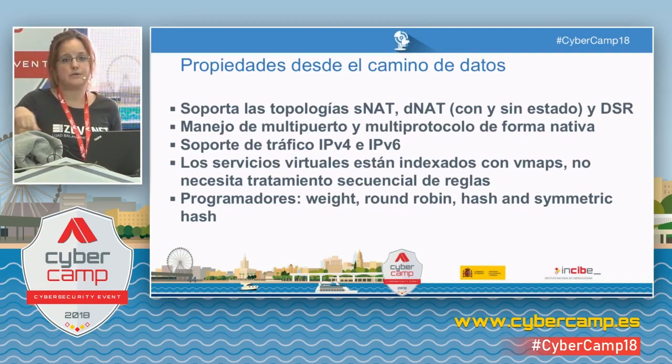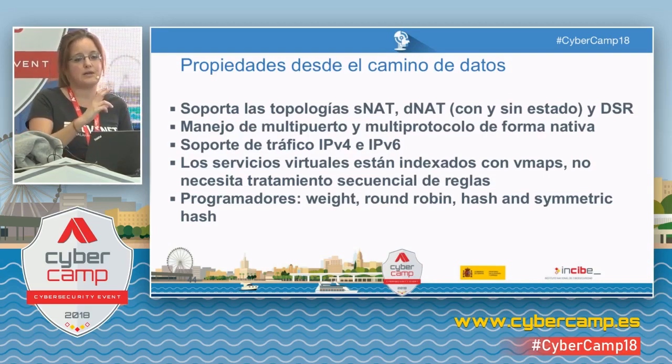What it does is use DSR structures to simplify the traffic that goes from the backend to the customer without going through the balancer. So for huge infrastructures, for instance Google or Facebook, they use this system because performance is far greater, and it's one step shorter because the response from the backend to the customer doesn't go through the balancer.